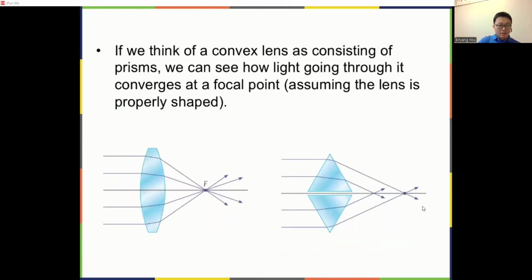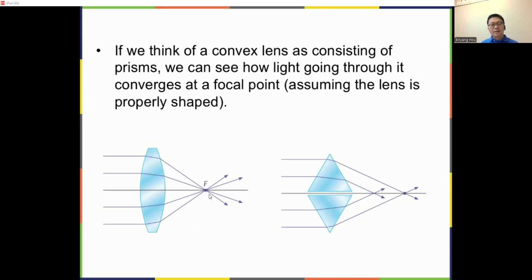Okay, all right. So we'll take a look at the double convex lenses first, and we'll just say convex lenses. In that case, by default, it's referring to double convex lenses. Okay, in that case, a light ray hits one side of the lens and will get refracted twice.